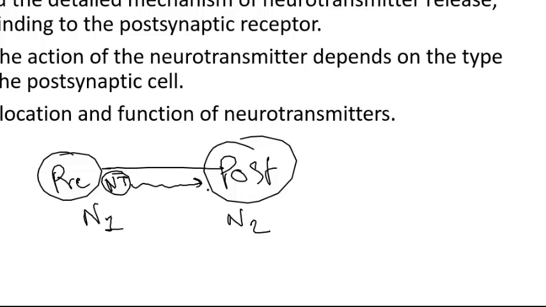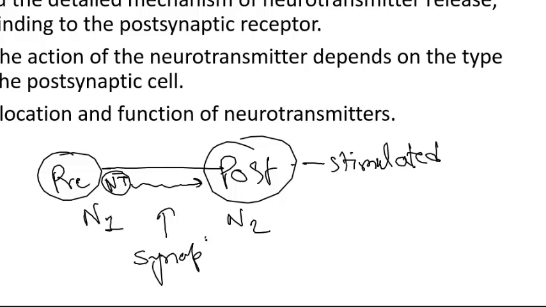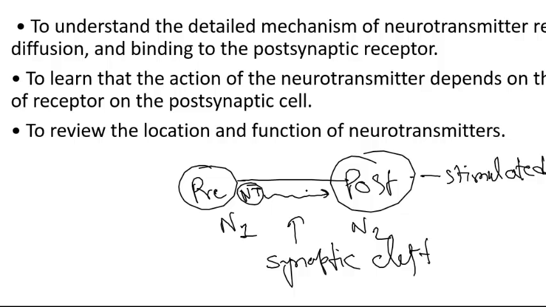Once released, they bind to the postsynaptic neuron and activate it, so that it is stimulated by the activity of the first neuron. This whole process ends when the neurotransmitter dissociates from the receptor and is removed from the junction between the two neurons, known as the synaptic cleft, the region between two adjacent neurons.